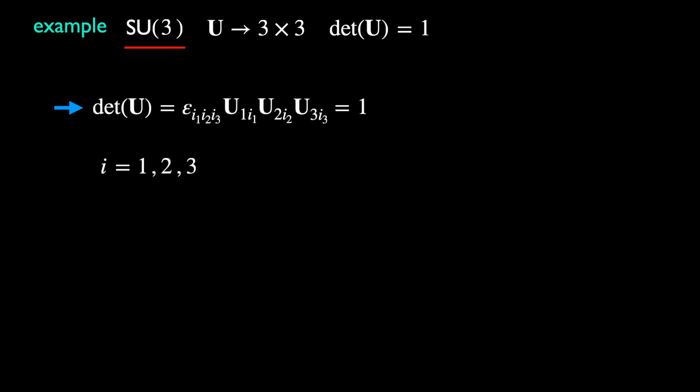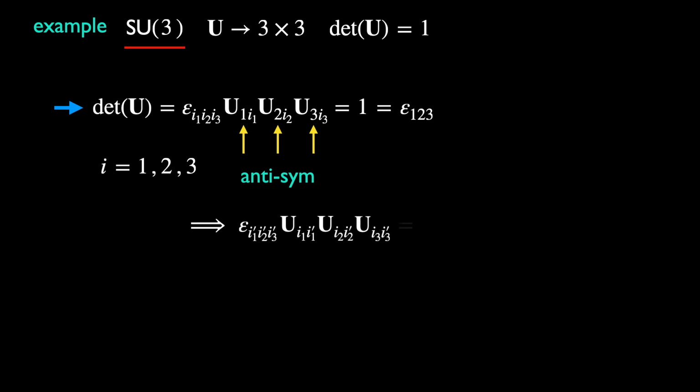All indices now run from 1 to 3, thus the epsilon symbol must also possess 3 indices, which are totally anti-symmetric. This means the 3 indices in this expression, which are not summed over, must also be totally anti-symmetric. So we have once again an epsilon symbol. This has the same consequence as previously.